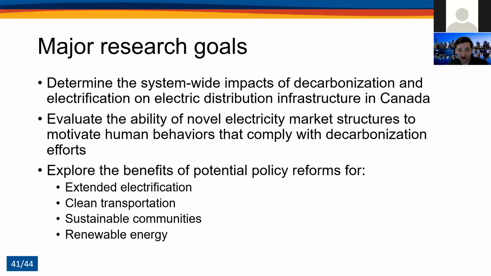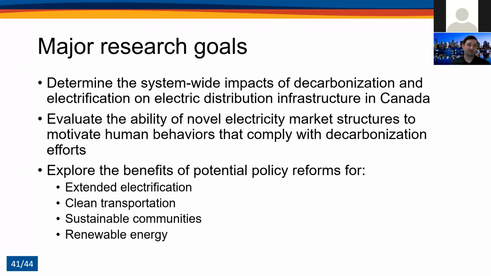We want to evaluate the ability of novel electricity market structures to motivate human behaviors that comply with decarbonization efforts. And we also want to evaluate the ability of infrastructure investments and operational improvements to alleviate transitional problems that arise from electrification or sustainability efforts. And we also want to assess their economic and environmental outcomes.